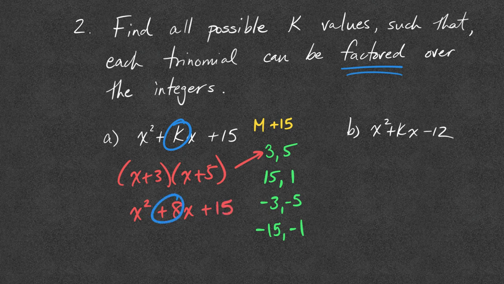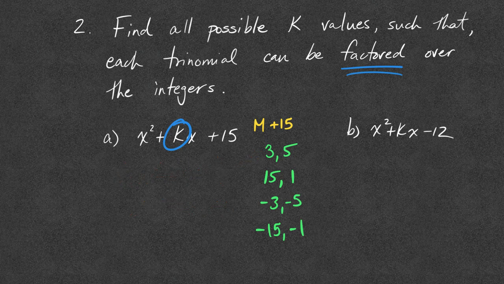I just found out that my k would be 8. I just found a possible k value that makes that factorable with integers. Okay, I'm going to erase all of that because that first possibility right there gave me a k value of 8.